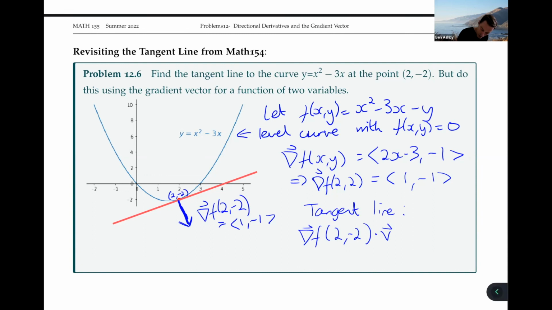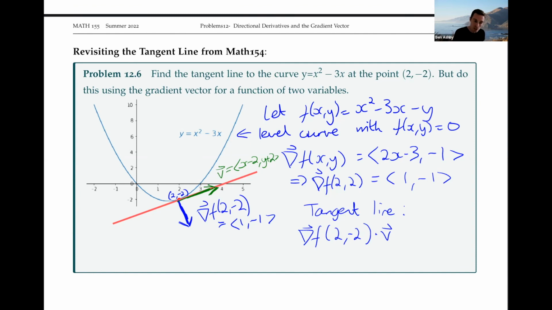So let's call the vector v some vector here, which is at some point (x minus 2, y plus 2). The reason it's minus 2 is because the x coordinate of this point here is 2, and the y coordinate is minus 2.